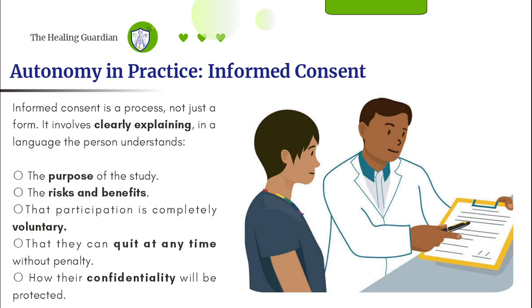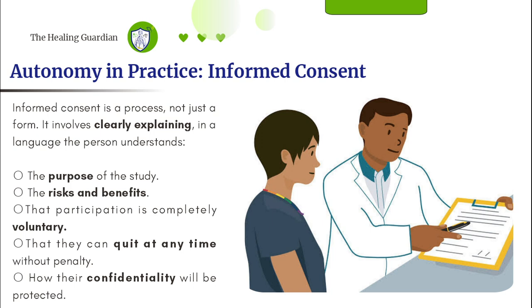And how does autonomy work in practice? One of the gold standards of autonomy is informed consent. And it is a process. You have to clearly explain in a language that a person understands. You have gone out to pick research participants. Even before you give them the questionnaire, explain to them what they are going to do, in the way they understand it. You tell them the purpose of the study.